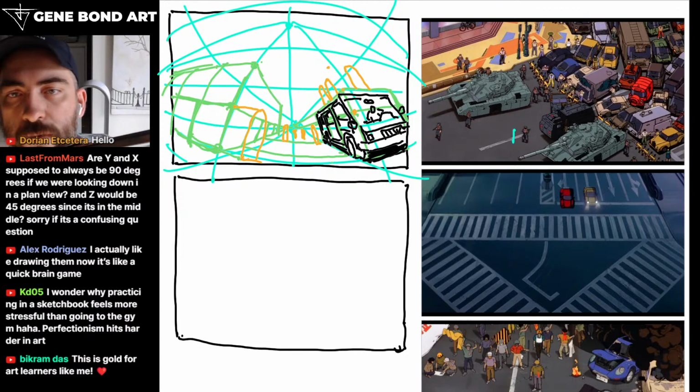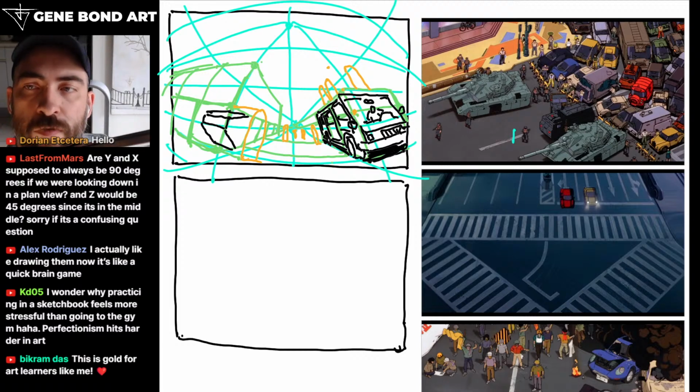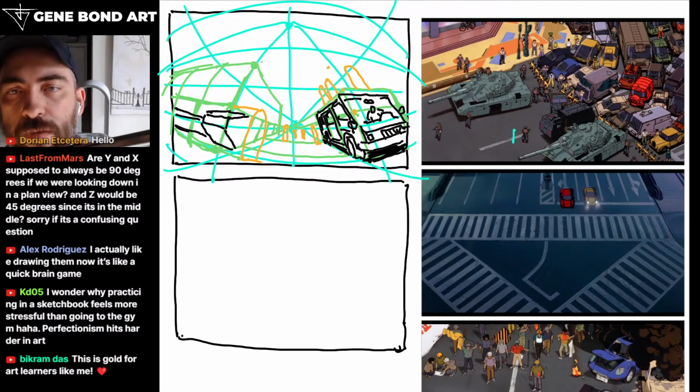Then here the tank. Here, for demonstration, I'm being very loose with the construction. Just make it look like a tank. That's good enough.